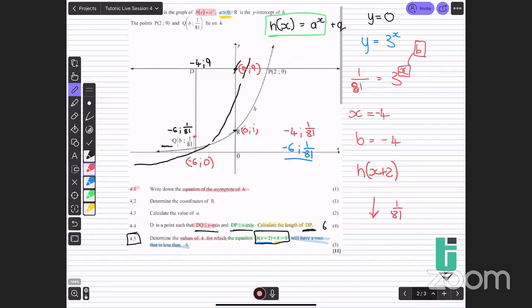Do you guys all agree with that? If it was -6, 1/81, and I shifted it down, do you see how the point's going to be -6, naught? Naima? Yes, I do. Okay.